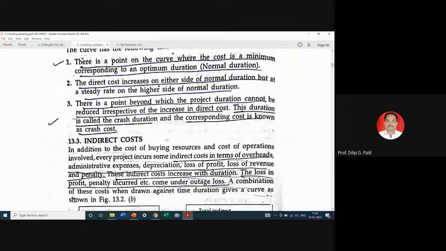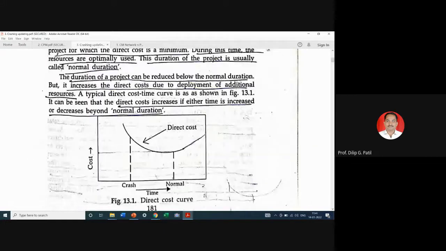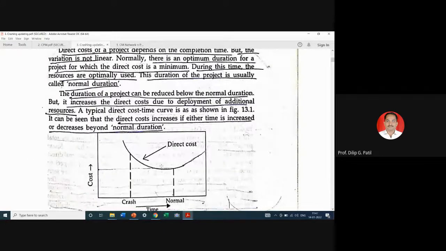We will see direct and indirect cost. Just try to understand this relationship.